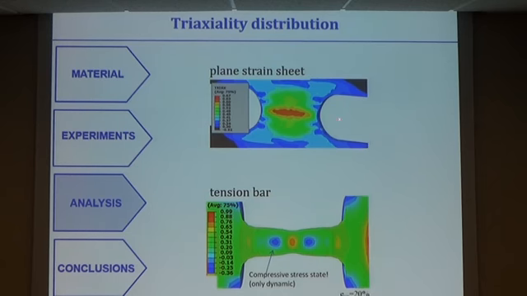So here the plane strain sheet sample, the center of the sample. What is very clear, you can see the triaxiality here, that you only have a high value of the triaxiality around the center of the sample. Not at the notches, where, as you can expect, you have much lower triaxiality, closer to the uniaxial stress limit. So for the tension bar, to our surprise, we had some negative triaxiality adjacent to the necking region.